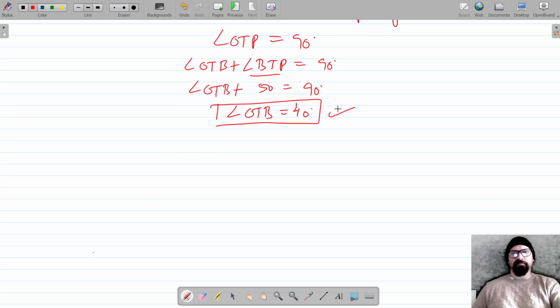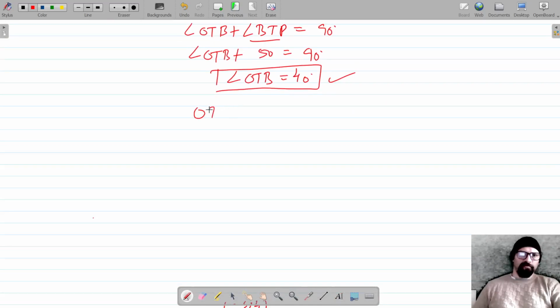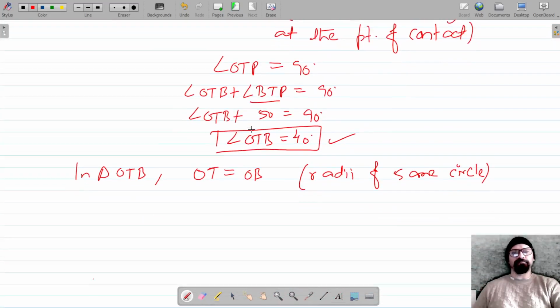That means now in this triangle OTB, OT is equal to OB, and the reason being they are radii of the same circle. So when two sides are equal in a triangle, the angles opposite to them are always equal.